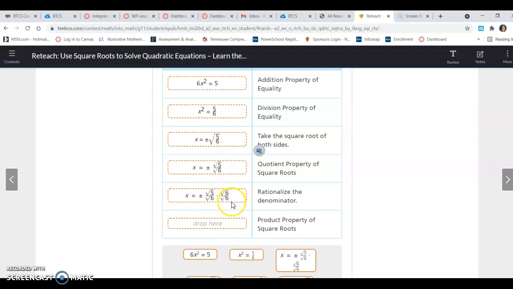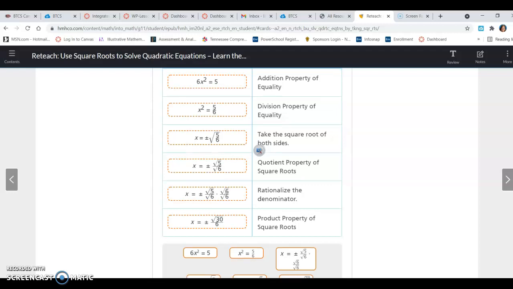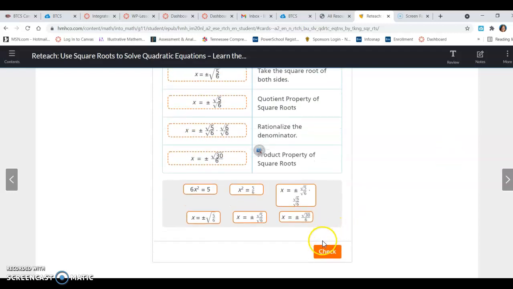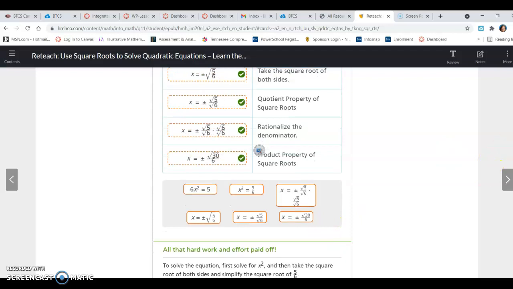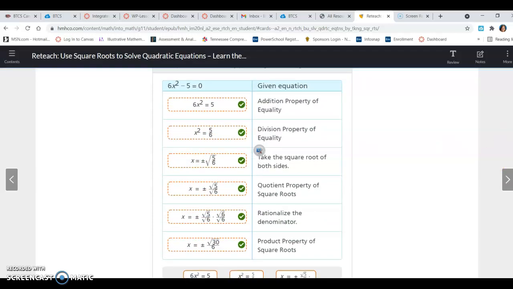If you multiply top and bottom by the same thing, you're just multiplying by 1. And then you're going to get your final answer of x equals plus or minus the square root of 30 over 6. So if you remember, that's exactly like what I just did to the side there. So we can check to see that we did those steps correctly.